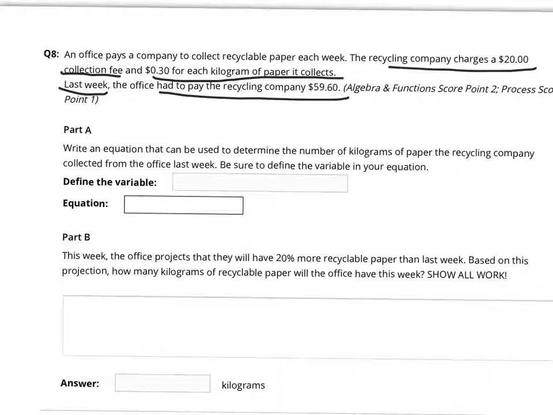Before we write an equation, we're going to define our variable. So the variable, the thing that's changing, would be the amount of paper that it's collecting.